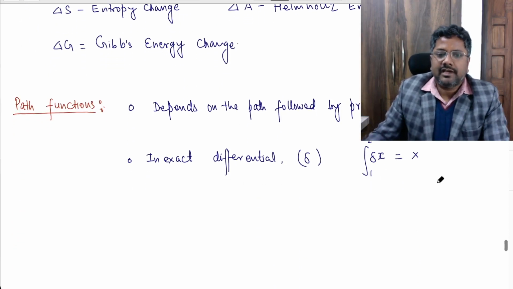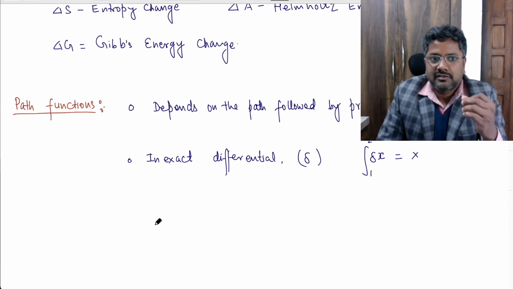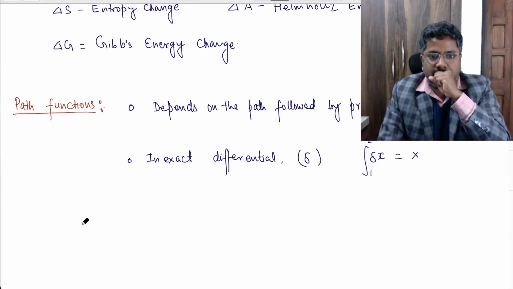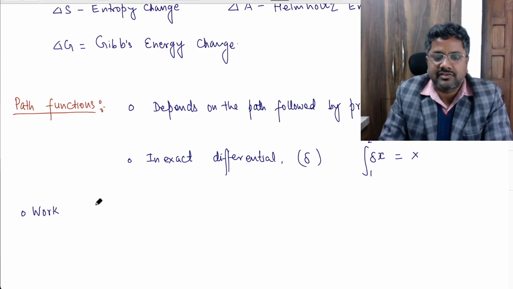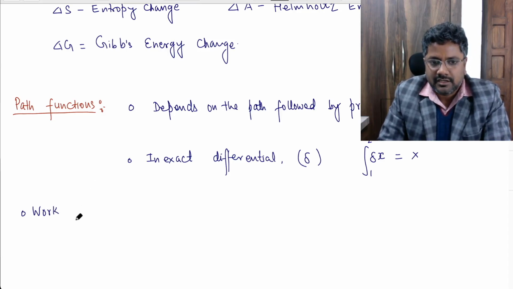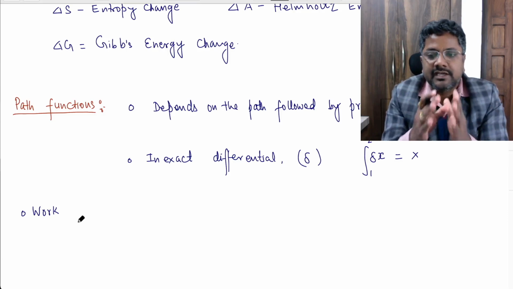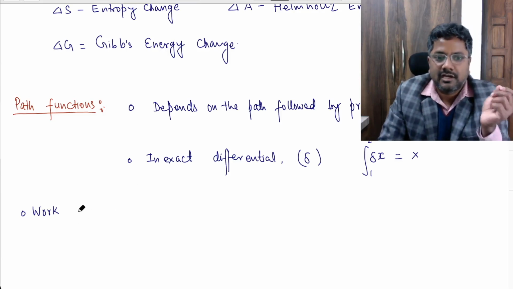So you have only two or three path functions here in your syllabus, right? One is work. Not every work is a path function, but for you in chemistry, if work is referred to at any point of time in thermodynamics, you have to consider PV work.